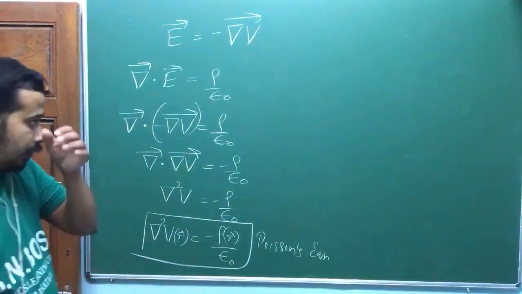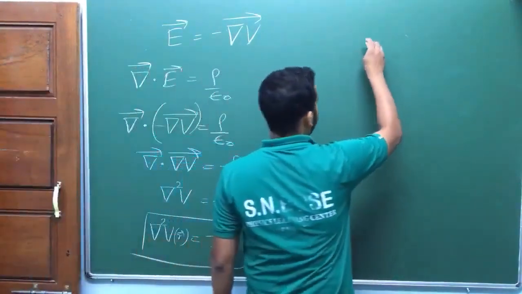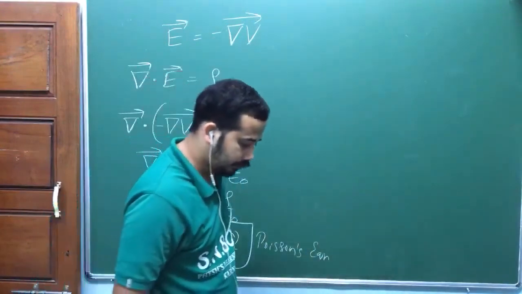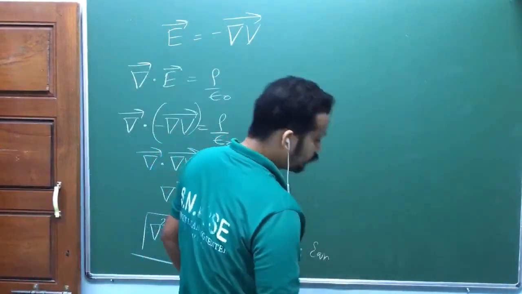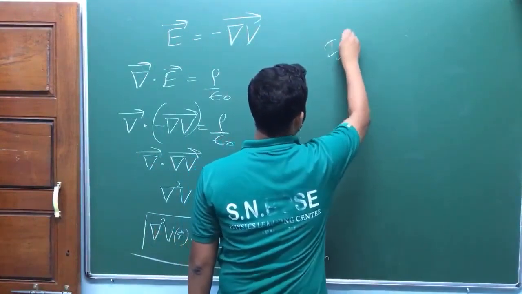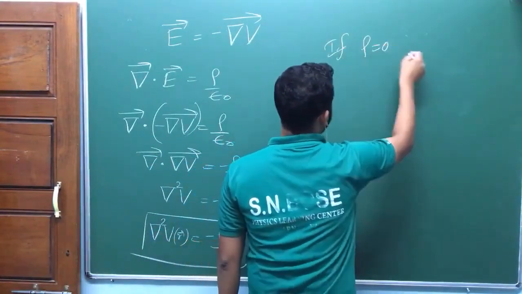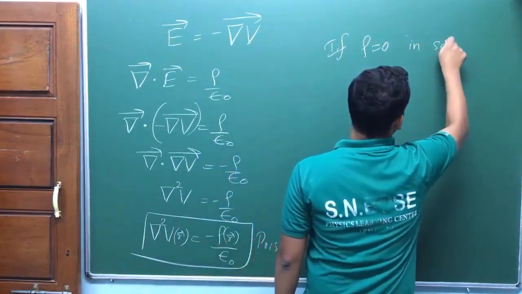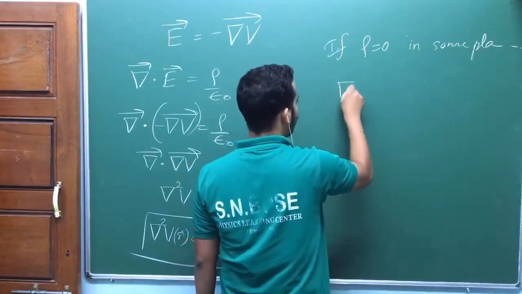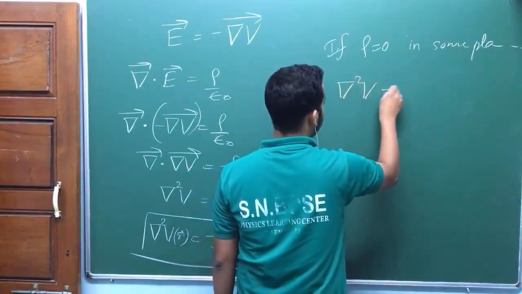Now, if rho of r is equal to 0 in space, suppose there is no charge in some space, so if rho is equal to 0 in some places, then this will become del square V is equal to 0, am I right?